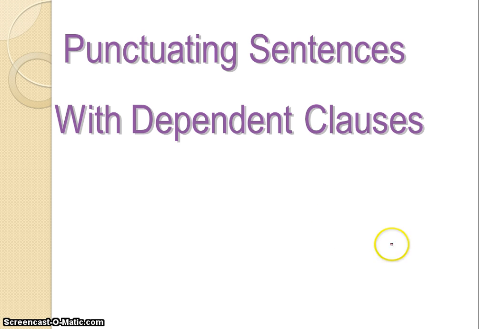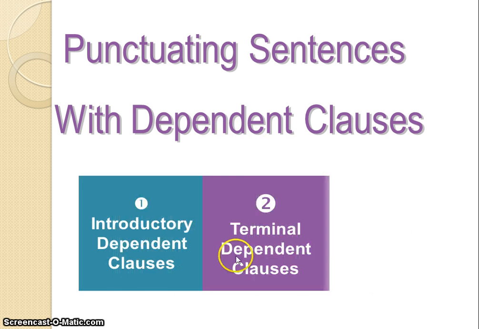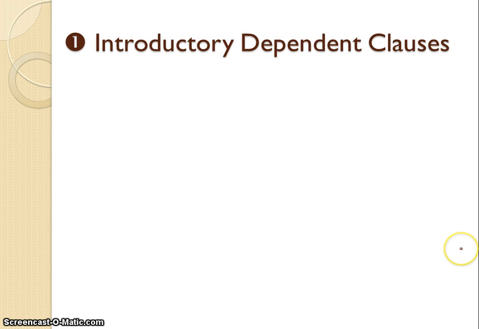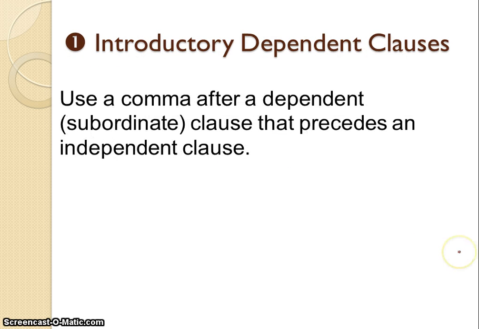Okay, we're going to talk about punctuating sentences with dependent clauses now. And dependent clauses can be introductory, terminal, or parenthetical. We've talked a little bit about parenthetical, so we're going to talk about these in more detail. Okay, introductory dependent clauses. We use a comma after a dependent clause or a subordinate clause that precedes an independent clause.